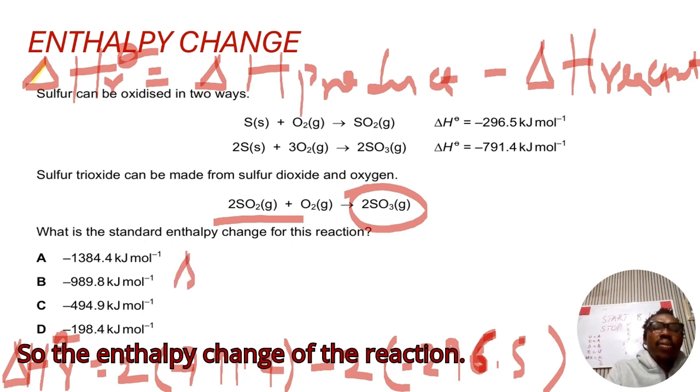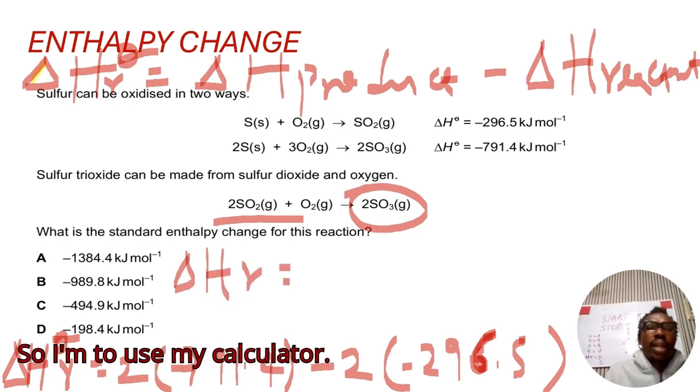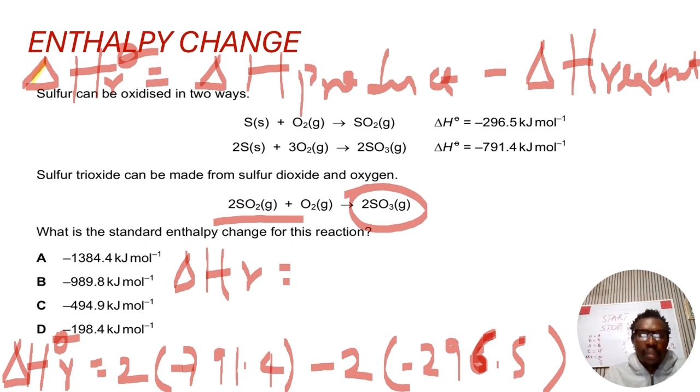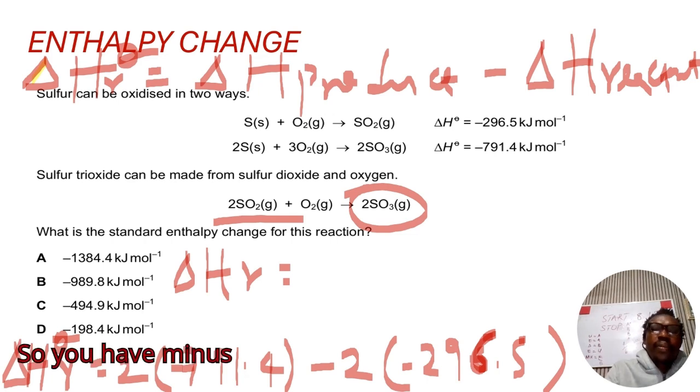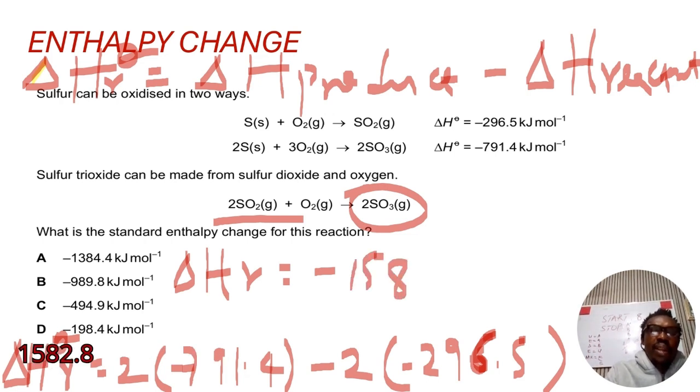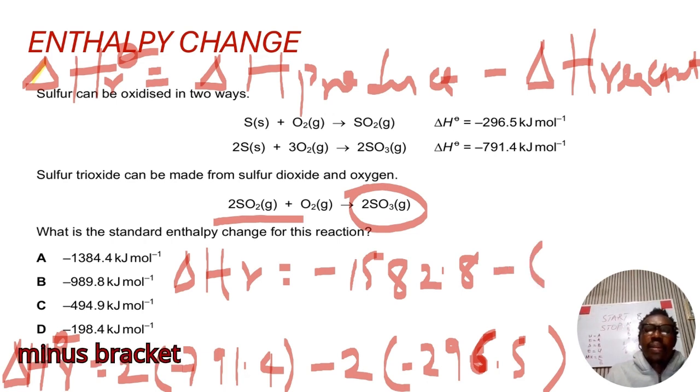So for the enthalpy change of the reaction, I'm going to use my calculator. So you have minus 1582.8 minus bracket minus 593.